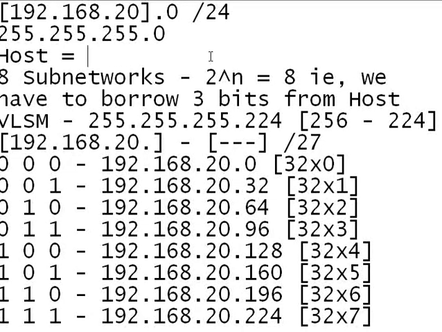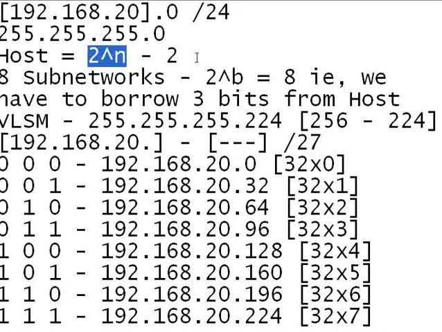Why minus 2? Let's write b for borrowed bits, and 2 to the power n minus 2. So 2 to the power n, in this case, will be 32.